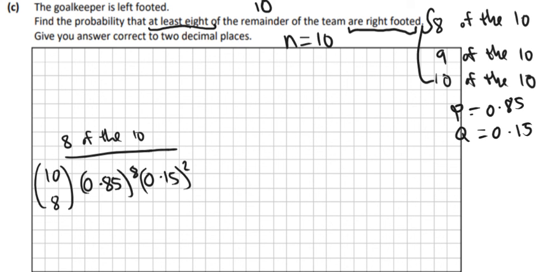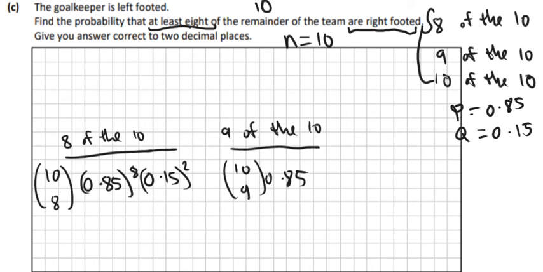So that's for 8 of the 10. For 9 of the 10, it would be 10 choose 9, 0.85 to the power of 9 times 0.15 to the power of 10 minus 9, which is 1.